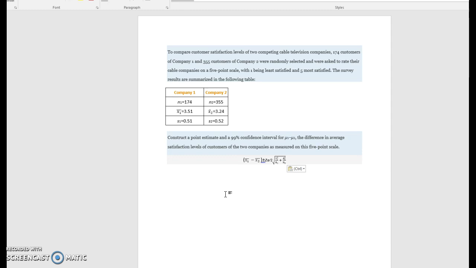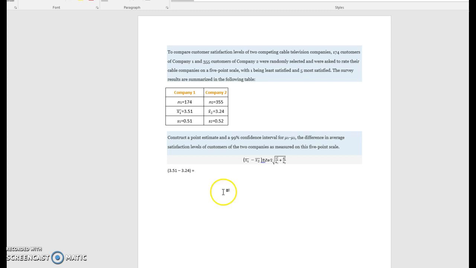All right, so first let's find the point estimate. The point estimate is always just using the sample and saying this is the closest thing we've got right now to the population estimate. So for us, our point estimate is x bar 1, which was 3.51, minus x bar 2, 3.24.